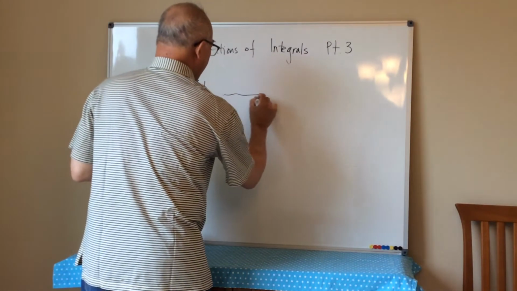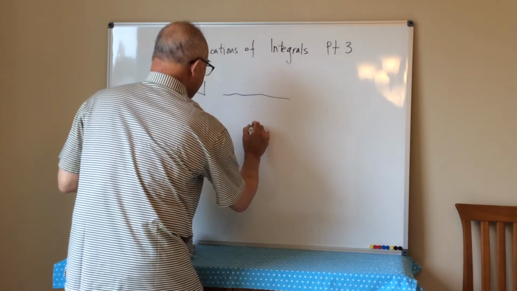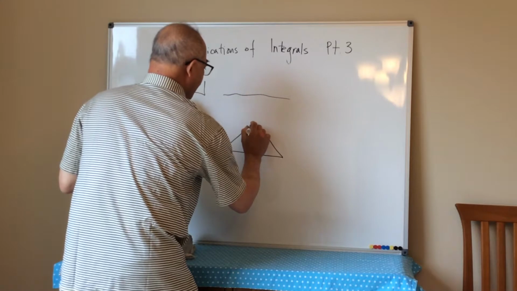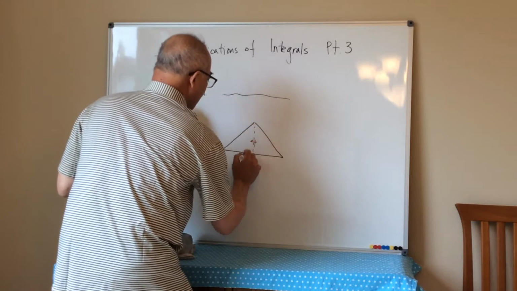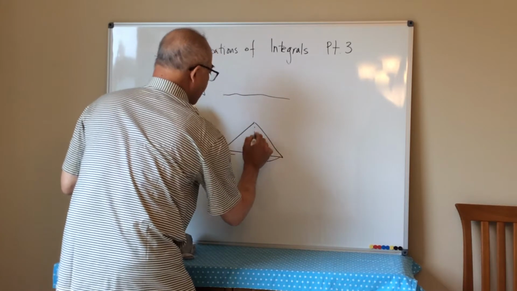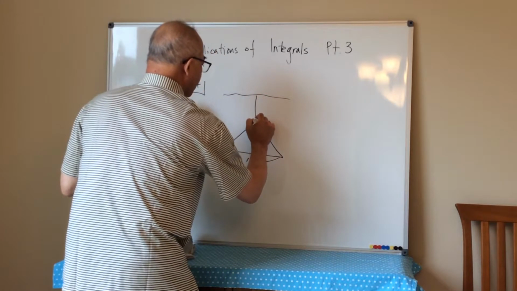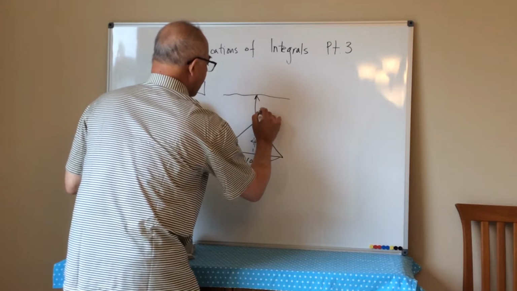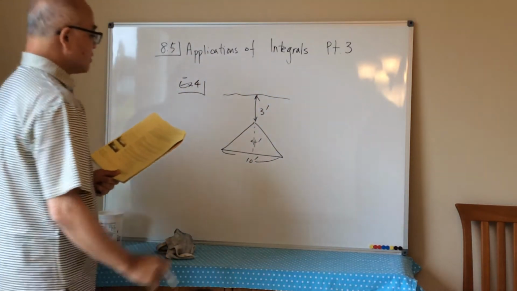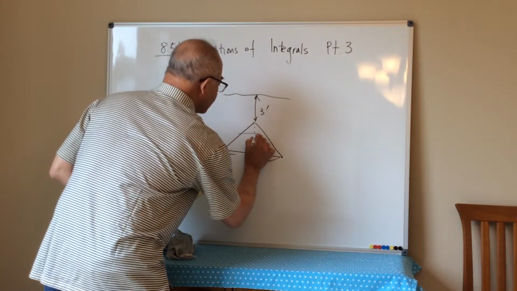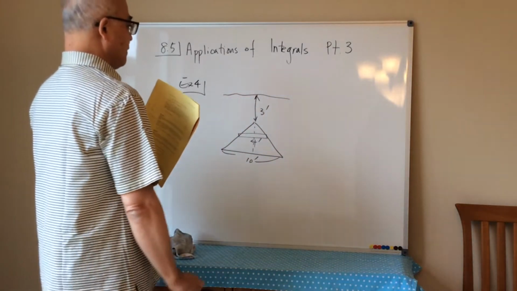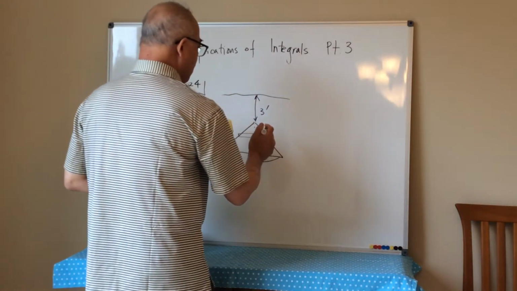So I have an isosceles triangle looking thing down here. And the altitude was 4, and the base here was 10. And I am underneath 3 feet of this oil. Okay? So let's go ahead and we're going to call this strip here, okay?